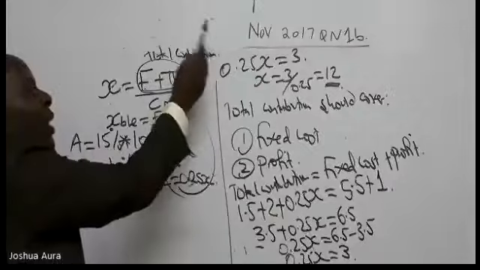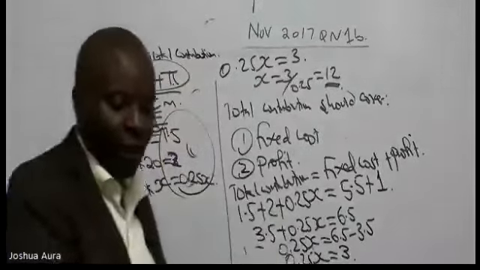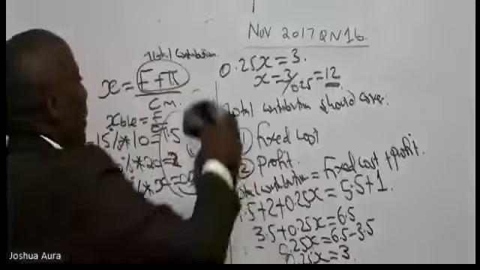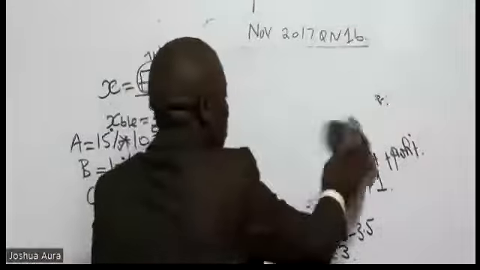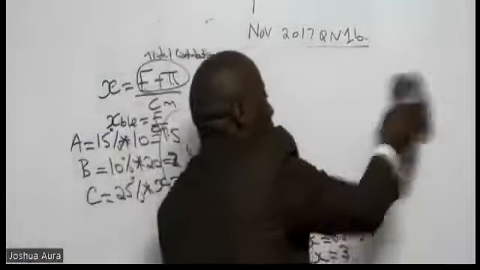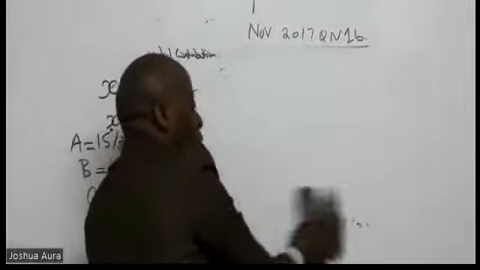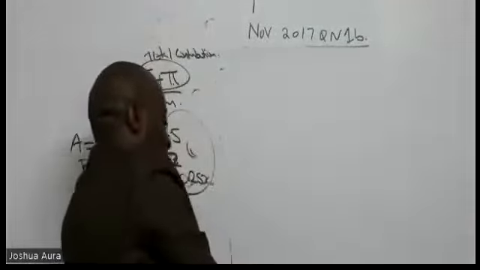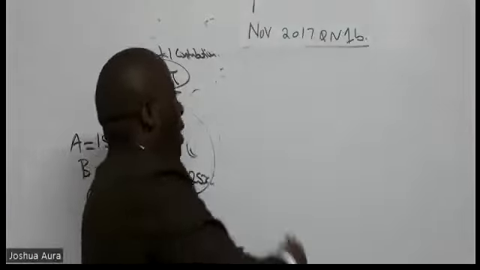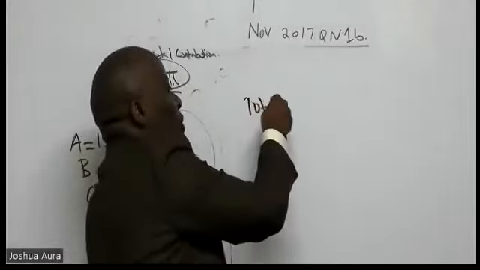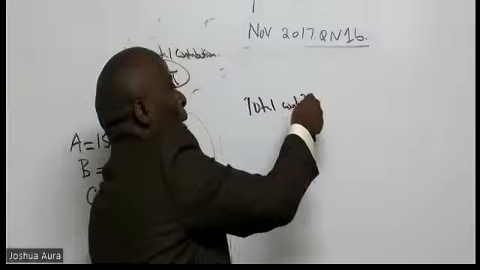I would want to remind ourselves, ladies and gentlemen, that whenever they want us to get some of these things, we don't have to think about the formula always. This is a formula of a break-even analysis. This was a straightforward question that wanted me to get total contribution from each product, and then add them.